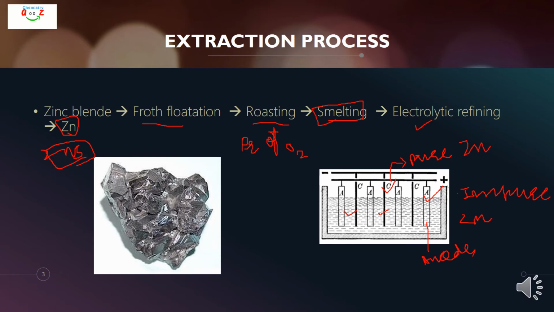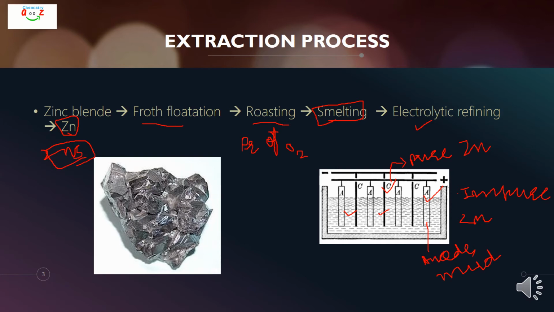Mud in the sense of waste. Whatever is deposited on the anode is not useful for us, it is impurity. So the more basic metal remains in the solution and the less basic metal comes to the anode mud.